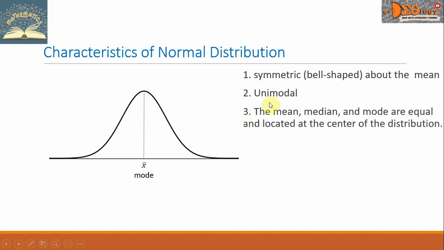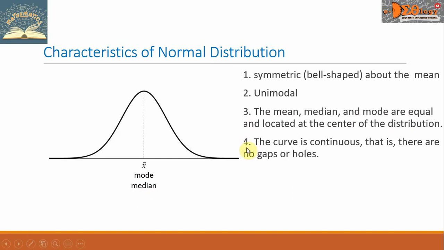Number three, the mean, median, and mode are equal and located at the center of the distribution. So we placed already the mean and the mode at the center. We will add the median. These values are equal and located at the center.